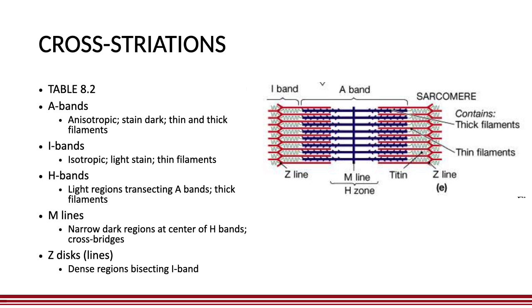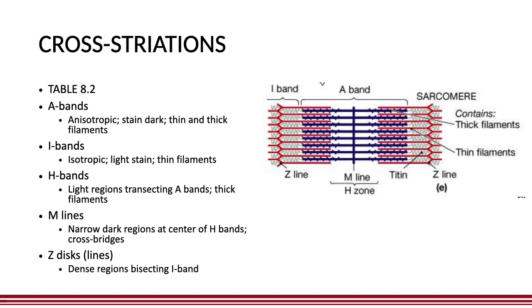The H zone is the area of the A band where the light filaments do not reach during the uncontracted state. As you can see here, if the muscle is in the relaxed state, you will have an area in the middle where the actin filaments do not reach. Again, this is only seen in the relaxed or uncontracted state, and you call this the H zone.